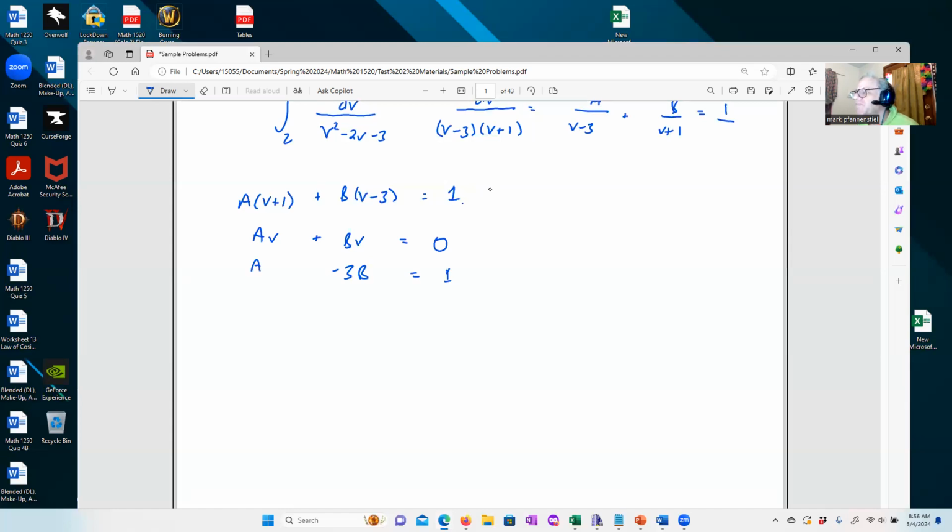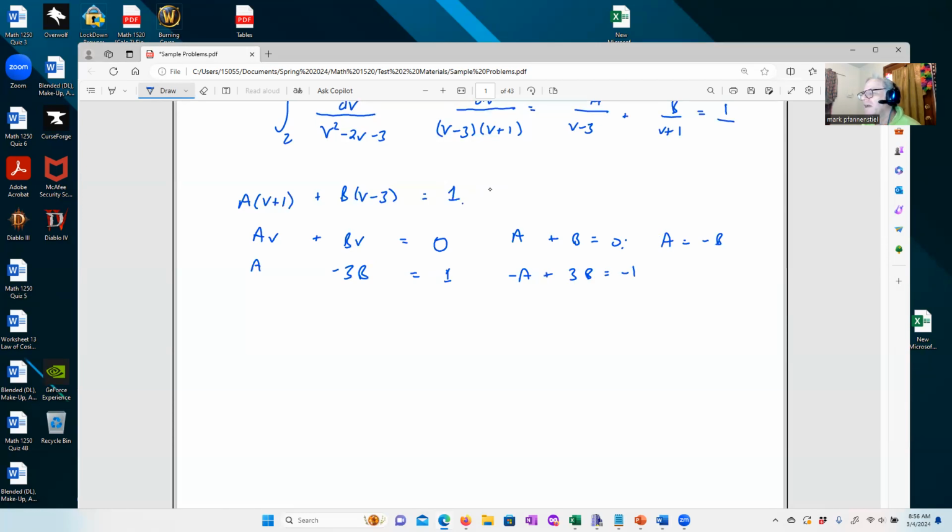Okay, I'm going to go ahead and eliminate my A's, so I'm going to multiply everybody by -1. So the system of equations I have is A plus B equals 0, which implies that A equals -B. Over on the other side, I've got -A plus 3B equals -1.